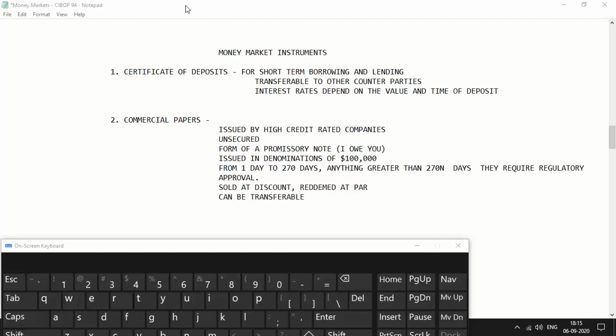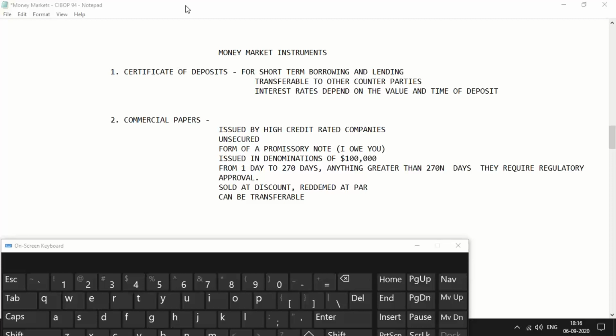The second one is commercial papers, CPs for short. Essentially, they are issued by high credit rated companies. I hope you understand what we mean by high credit rated companies. Basically, these are companies which have a very good credit rating in the market, let's say triple A, triple A plus, or triple A minus. Those have extremely good credit ratings. Now, what is that credit rating?